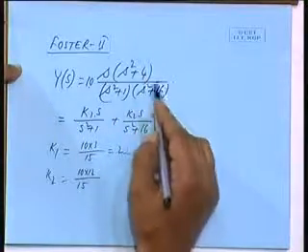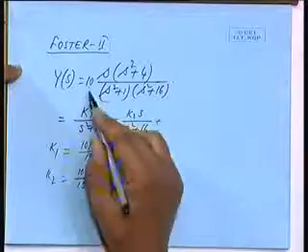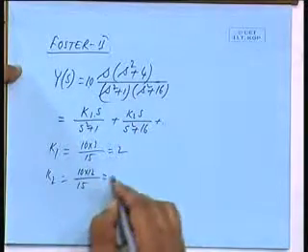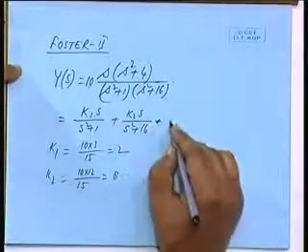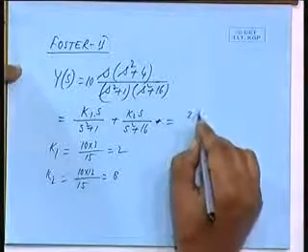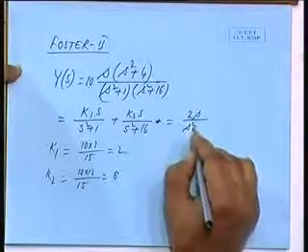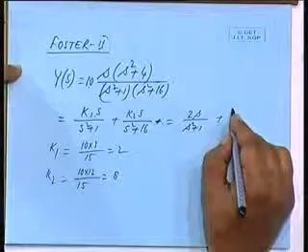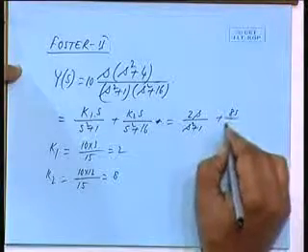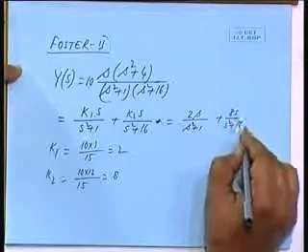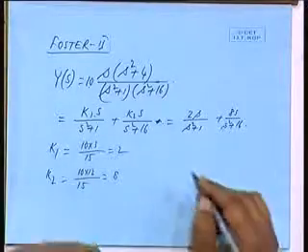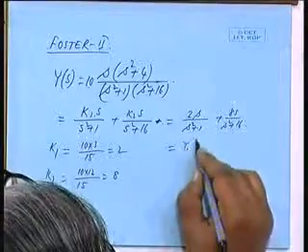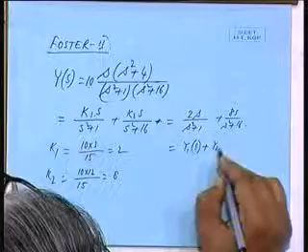So this will be 12 into 10 by 15, 8. So I can write this as 2s by s squared plus 1 plus 8s by s squared plus 16. So this is y1s plus y2s.